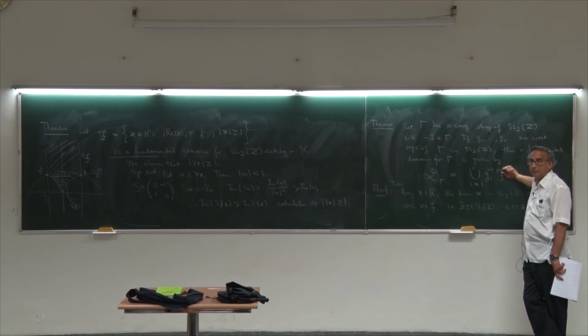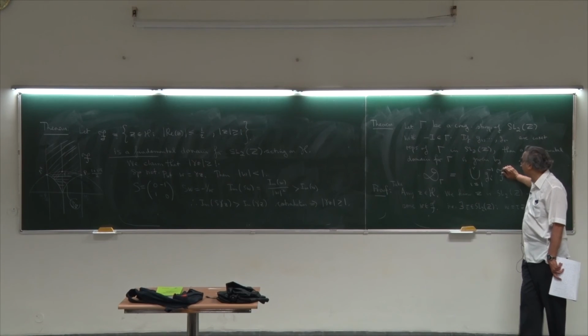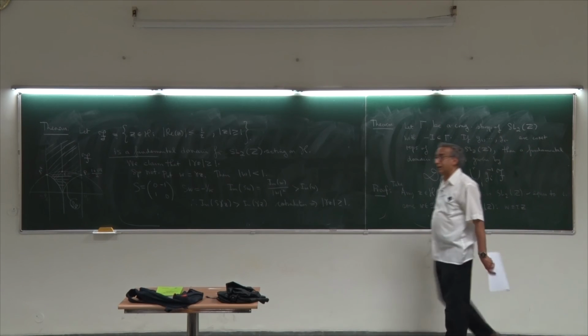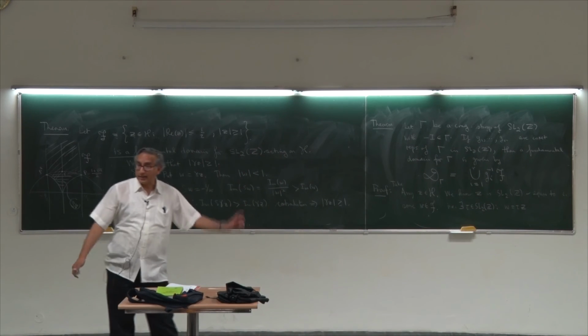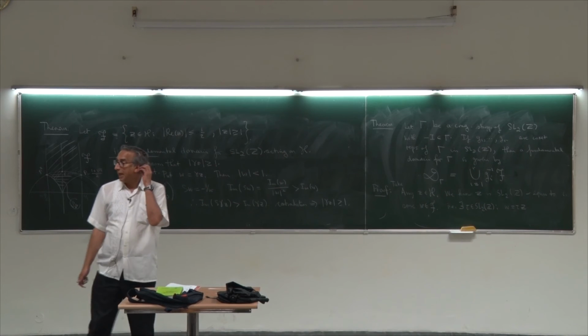So let me mull over this a little bit more later and then get back to you. But for the time being, we'll just assume that it is the case. We're just assuming that there is a nice fundamental domain which has a connected interior. As I have it right now, this is in patches.